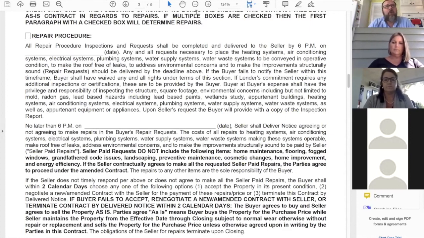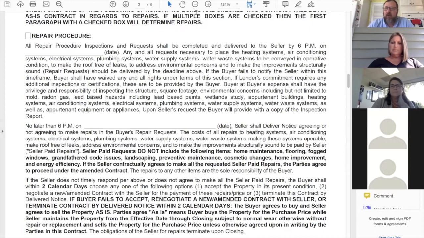With the more frequent use has come a vast array of creative thinking on how to get around the repair procedure. So, Mr. and Mrs. Buyer, this is how I would explain it to them. Mr. and Mrs. Buyer, here's what repair procedure means. The seller is agreeing ahead of time what they will be obligated to fix in order to move forward without penalty on the contract. And that is these things right here.